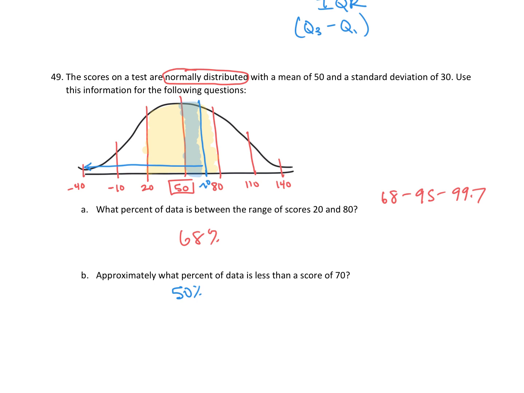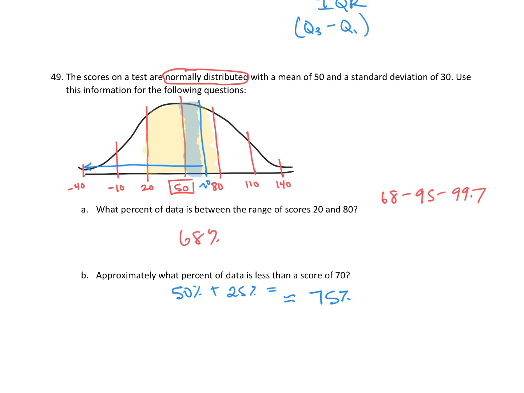So just kind of generalizing, maybe 25% of the data is between 50 and 70. So if we add those together, we're just estimating that what percent of the data is less than a score of 70? Maybe about 75% of the data.